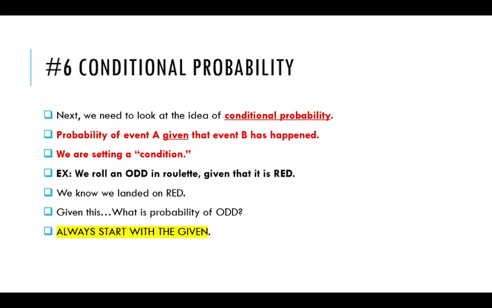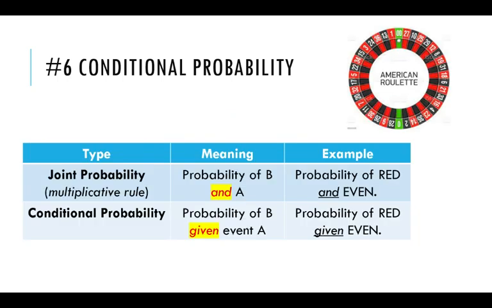All right. Now, I want to be clear. When we looked at the multiplicative rule, we were calculating a joint probability. But this is not a joint probability. This is a conditional probability. So we have to make sure we understand joint probability versus conditional probability, and that can be very confusing. So let's just take 1 second and look at them side by side to make sure we're clear.